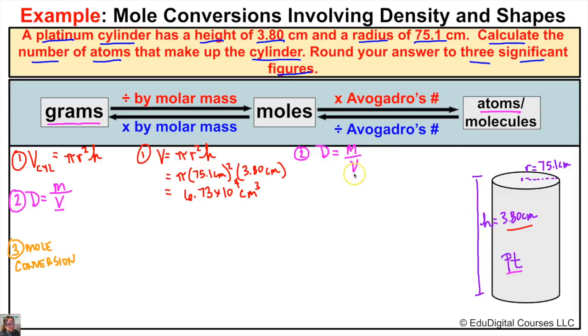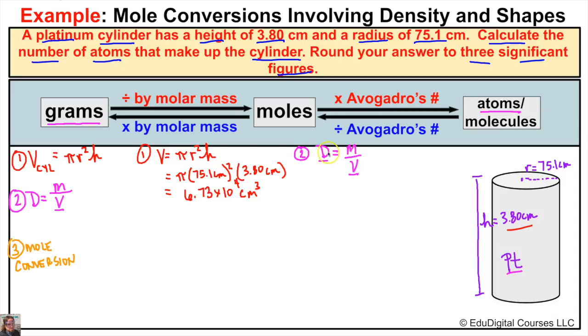So if we take a look here, we know the volume, we just figured that out. We can look on a density table, some sort of reference material. You can even Google this and find the density of platinum in grams per cubic centimeter. And then we can solve for M, or the mass.